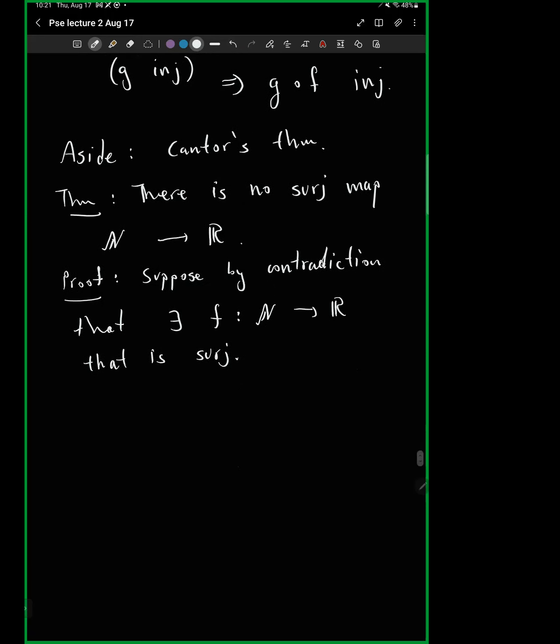Now, a real number I can write in a decimal representation. So what I can do, well, let's denote f of n, the image of the natural number n under f, as x_n.